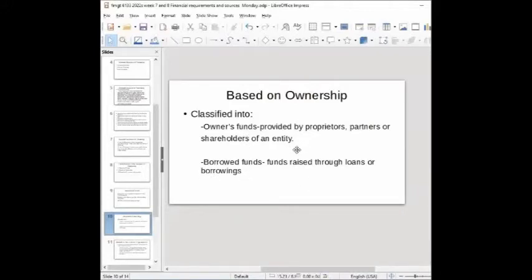Owner's funds are those provided by the proprietors for a sole proprietorship business, partners for a partnership type of business, and shareholders of an entity, who are those who own stocks from a corporation. While borrowed funds refers to the funds raised through loans or borrowings.